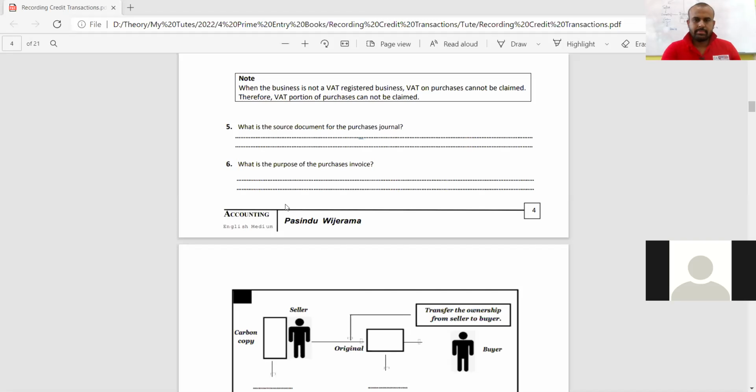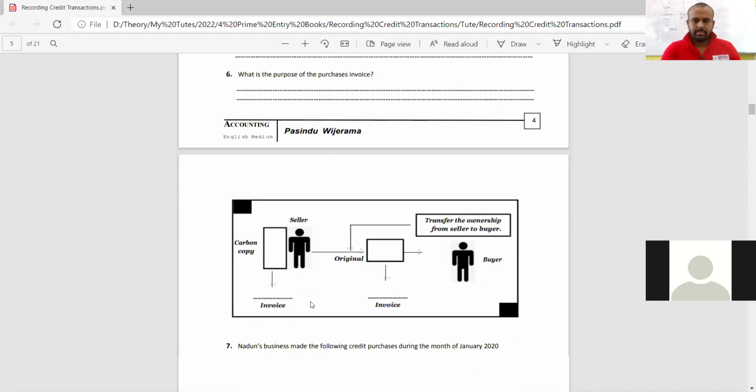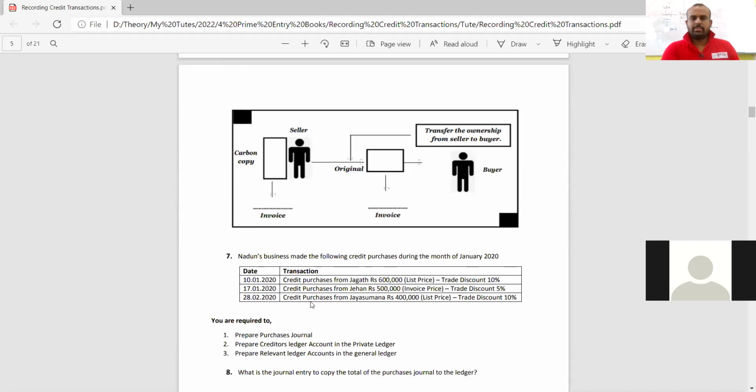Look at the format of the purchase invoice. You have the seller, and ownership is transferred from the seller to the buyer. The carbon copy kept by the seller is called the sales invoice.